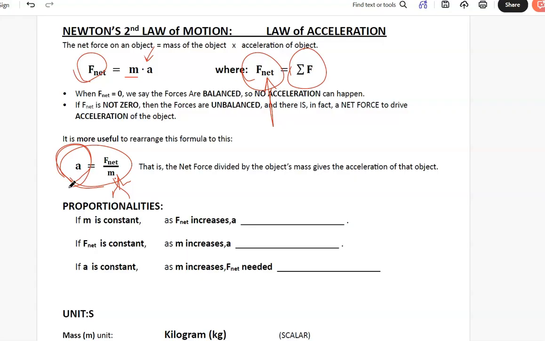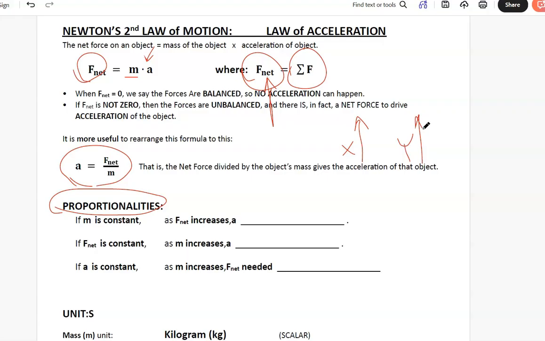Now, let's look at some of these proportionalities. And quickly, let's explain what proportionality means. Well, we have two kinds of proportionalities we need to talk about. There's something called just being proportional, sometimes called direct proportionality, and that says that if you have one thing, we'll call it x, if x goes up and y goes up by the same amount, like if I double x and I see that y also doubles, we say those two are proportional to one another.